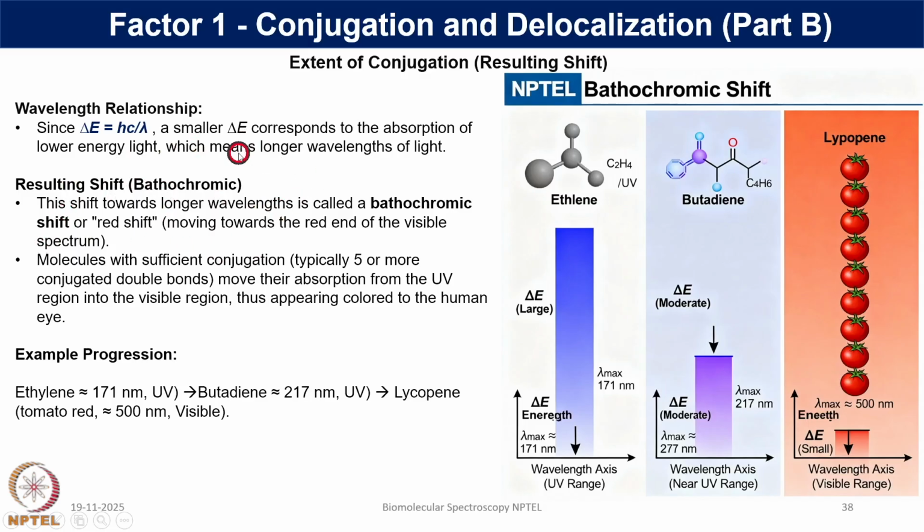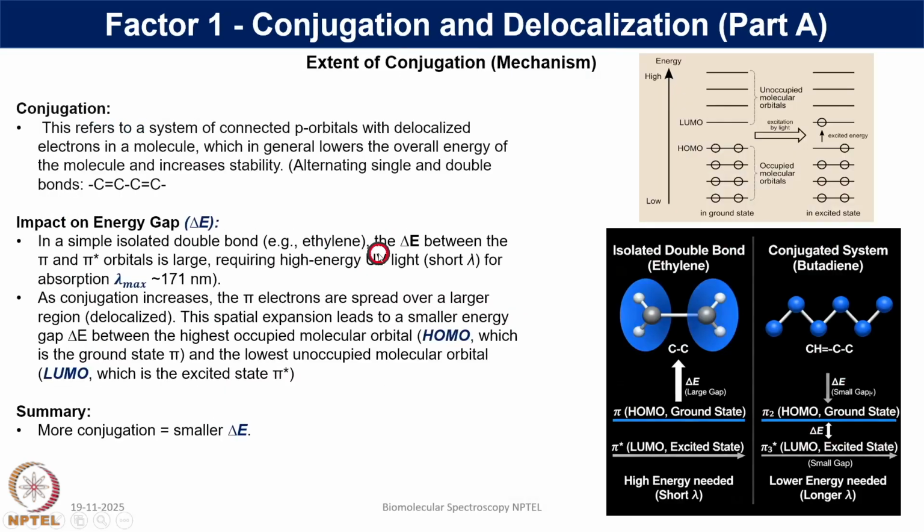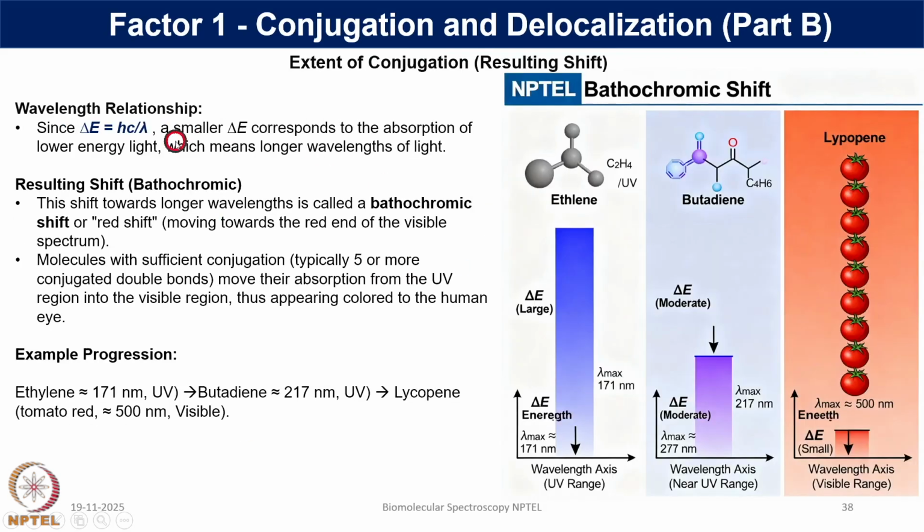The shift towards longer wavelength is called bathochromic shift or red shift, moving towards the red end of the visible spectrum. Molecules with sufficient conjugation, typically 5 or more conjugated double bonds, are conjugated single and double bonds like here. With sufficient conjugation, 5 or more conjugated double bonds, they move their absorption from the UV region to the visible region, from the bluer or ultraviolet region to the more red side.